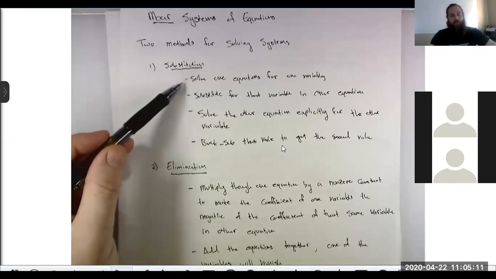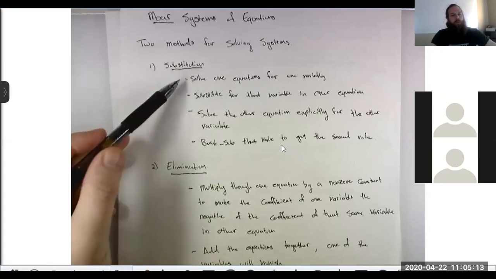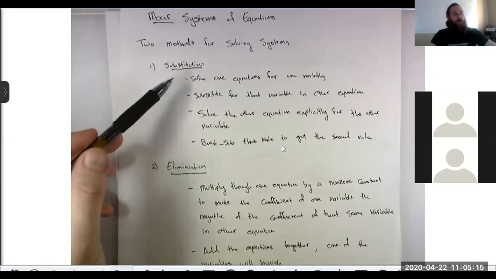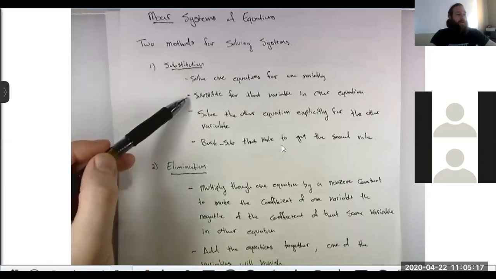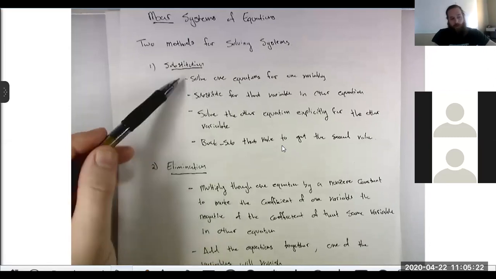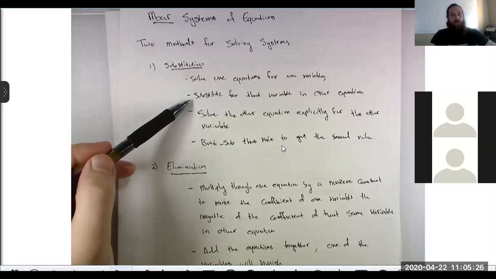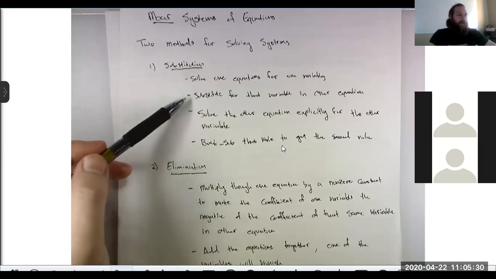Say you solve the first equation for y, and that'll give you something like y equals 7x minus 5. Then you take that and you plug it in the other equation. So you take your y equals 7x plus 5 or whatever, you go to your other equation, and anywhere there's a y, you write 7x plus 5 instead. That means that that other equation now only has one variable in it. In the example I just mentioned, that second equation would now only have the variable x, because everywhere there is a y, you plugged in 7x plus 5.